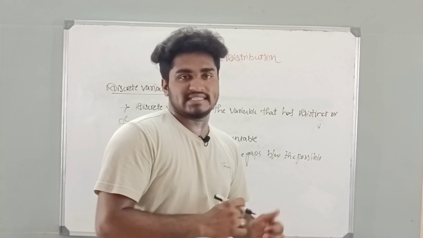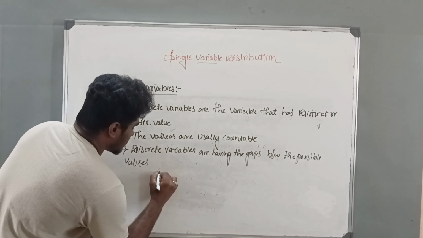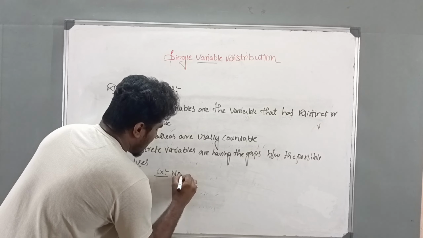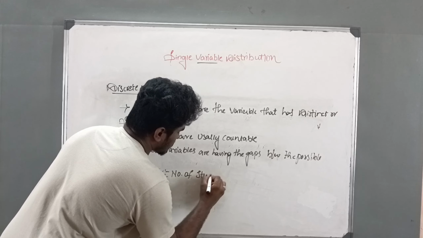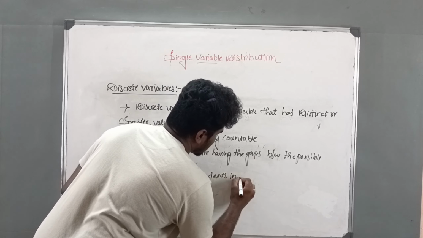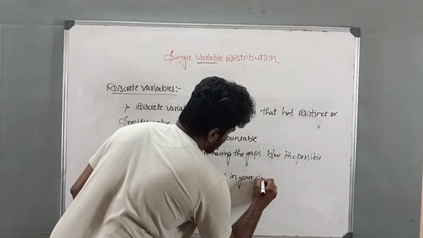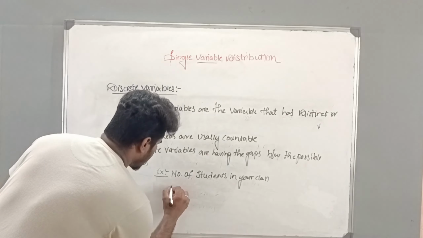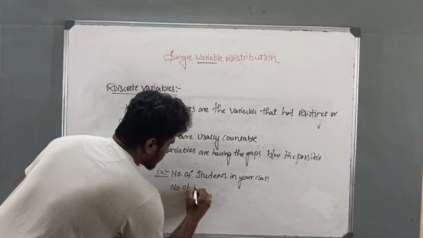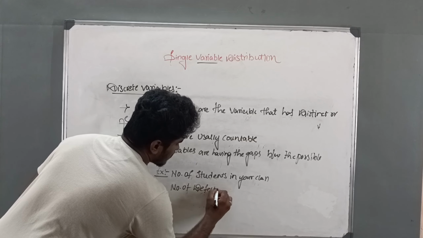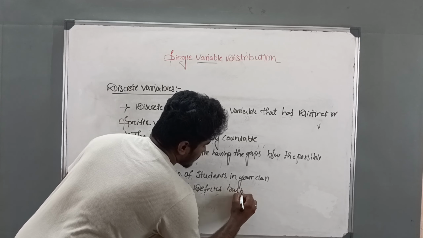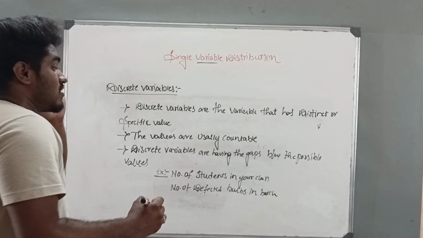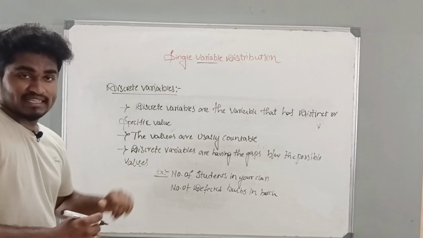So the number of students in your class, and also the number of defective bulbs in a particular batch are two examples of discrete variables.